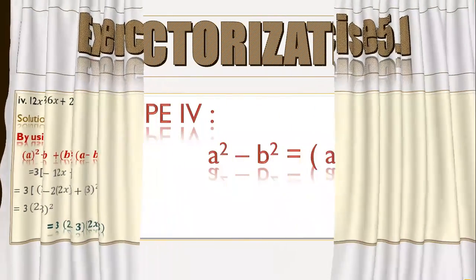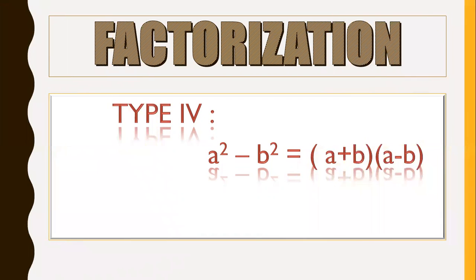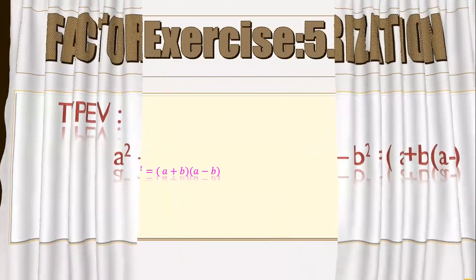We applied there (a plus b) whole square and (a minus b) whole square. Now is the turn of the third formula: a square minus b square equals (a plus b) into (a minus b), the easiest formula of this exercise.